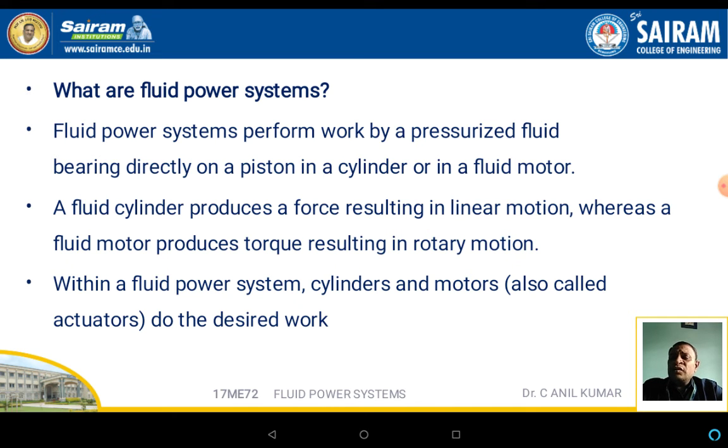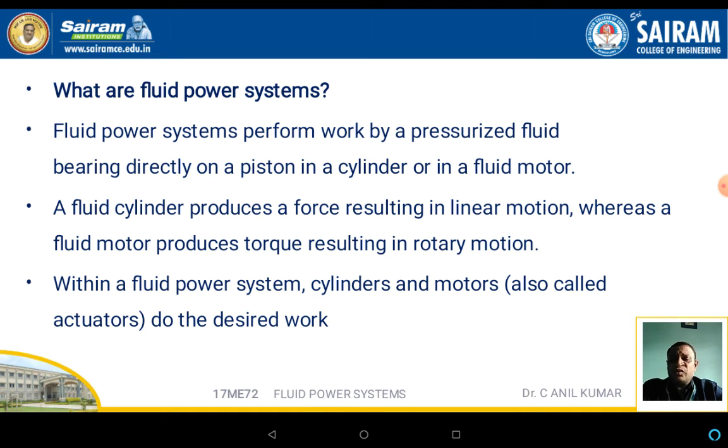Then what are fluid power systems? Fluid power systems are systems which perform work by using fluid as a medium, which is nothing but pressurized fluid directly driving the movement of a piston inside a cylinder or a motor.